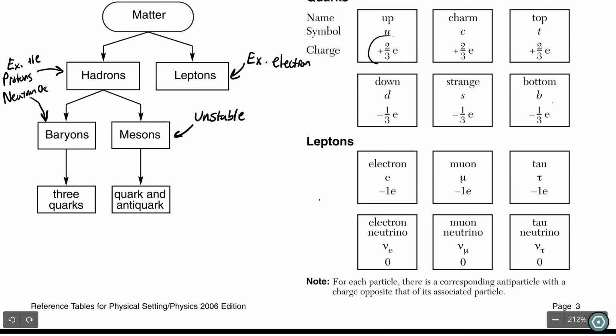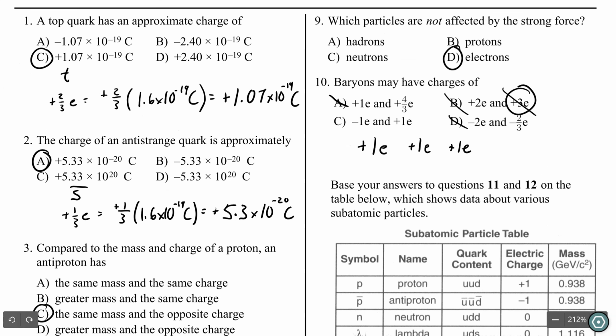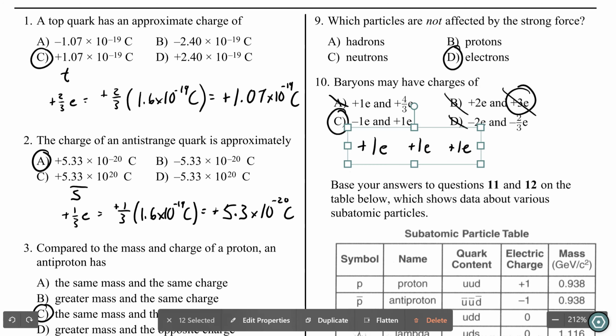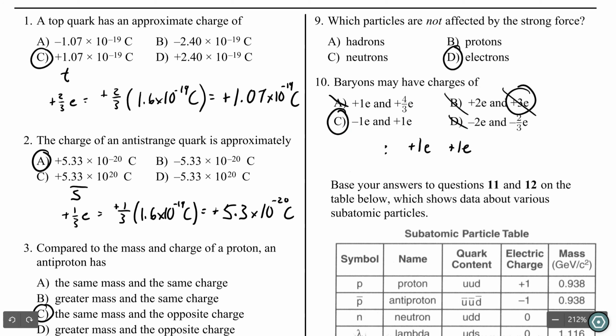The maximum you could get for a quark is positive 2/3 e. So you cannot add 3 quarks together and get a total charge of positive 3e. That means choice B is out as well, and choice C is a valid answer because you could have a quark composition that leads you to positive 1e or negative 1e.